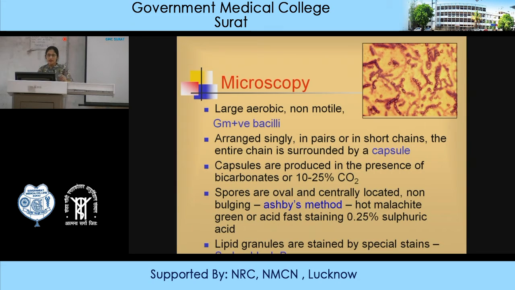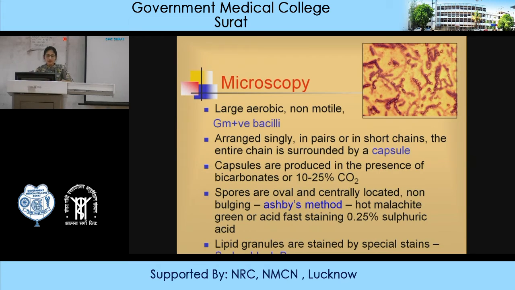Here the spore area is basically in the central region, and the important thing is that the bacilli are not swollen. The bacillary size remains the same, in contrast to Clostridia, where the spore area becomes swollen.